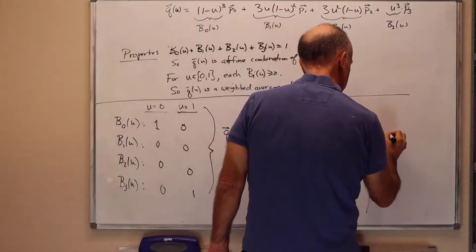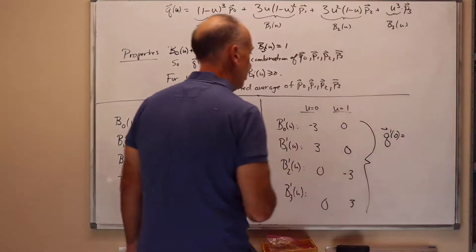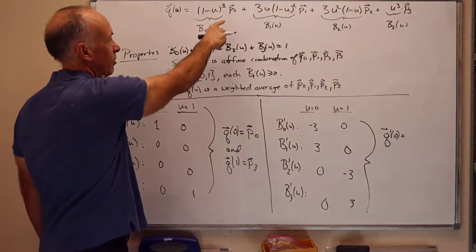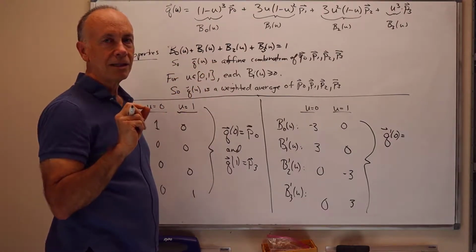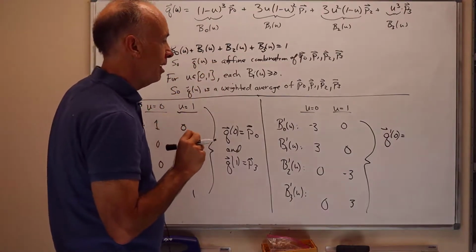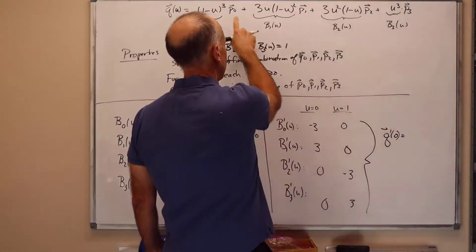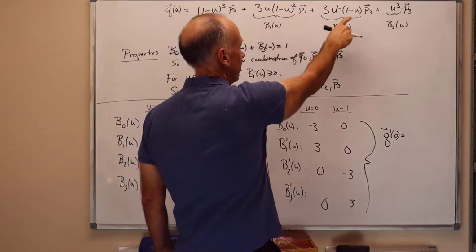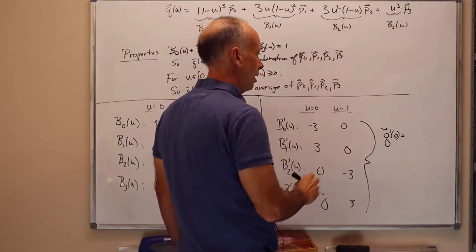So this tells us that for the derivative of Q, we just substitute in here the derivatives of the Bi. P0, P1, P2, and P3 are constant. They don't vary. The only thing that's varying here is the u. So we take the derivative at u equals 0, and we have minus 3 times P0 plus 3 times P1 plus 0 times P2 plus 0 times P3.